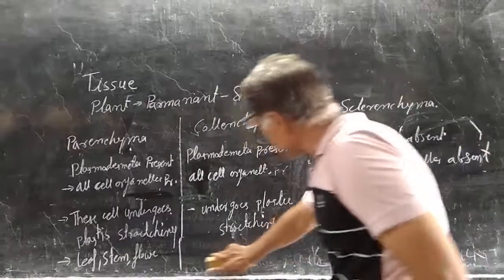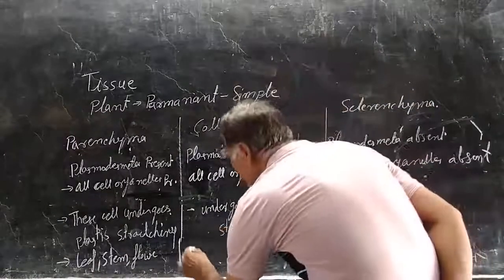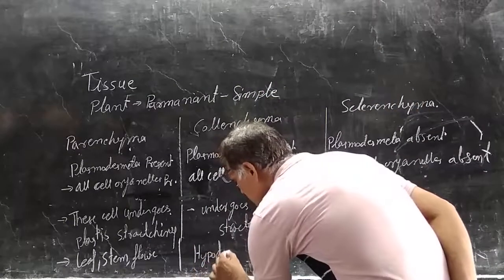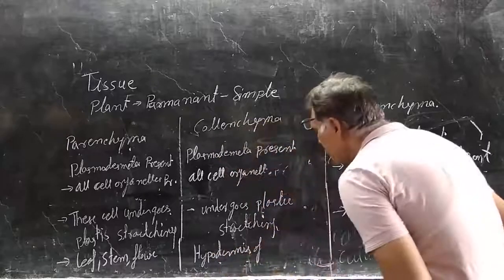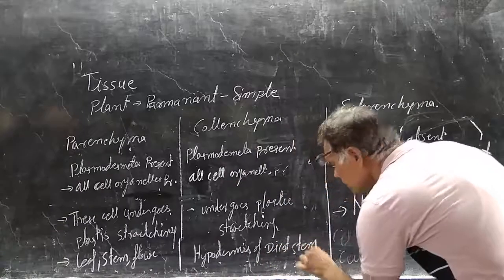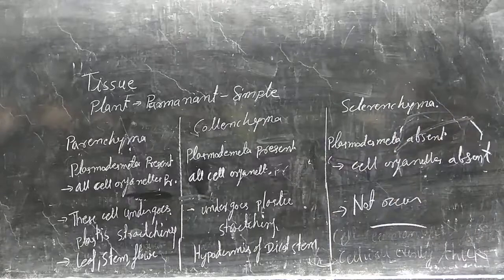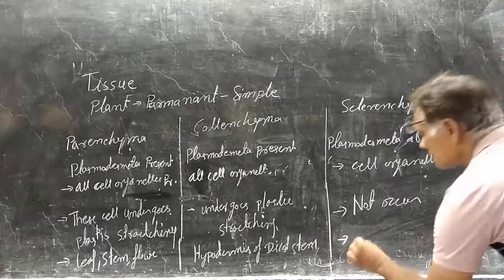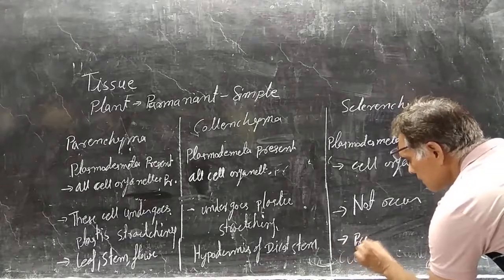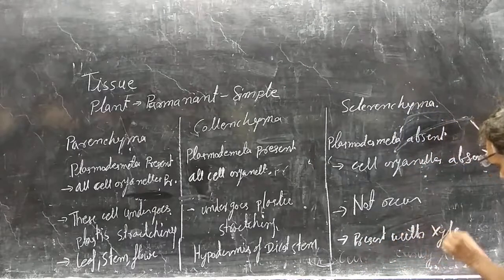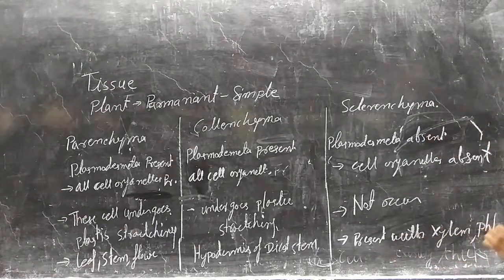Normally collenchyma is present in the hypodermis of stem or branches, which provides flexibility, and sclerenchyma is present with xylem, phloem, and the hypodermis of monocot stem.